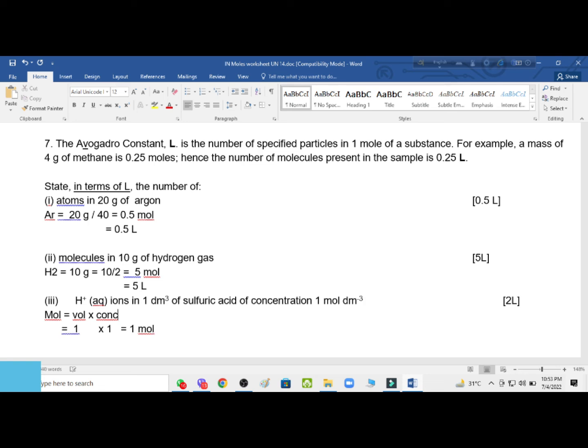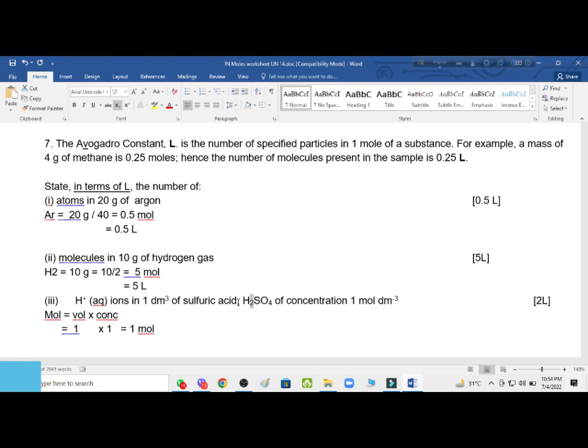So what is sulfuric acid? Look at the formula. Here is another job. The biggest job is still left here. If sulfuric acid is 1 mole, what is the mole of hydrogen ion there? Isn't hydrogen double that of sulfuric acid? Yes.